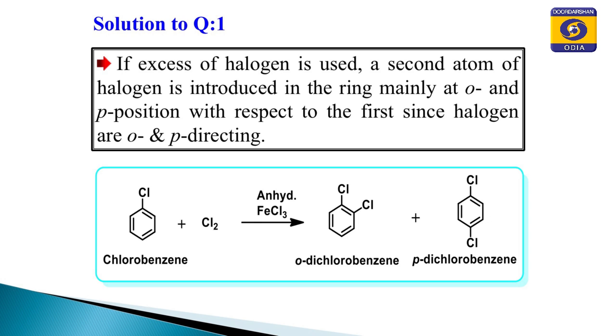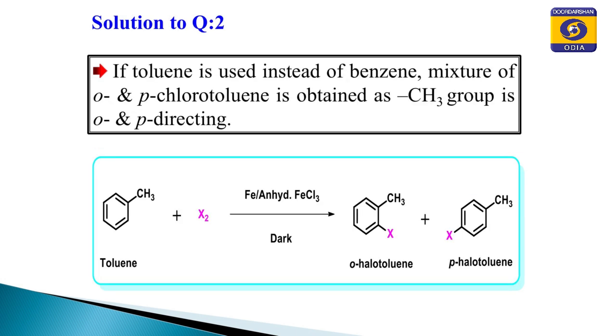So, that is why the electrophile, the second atom of chlorine, will approach the ortho or para position with respect to the first chlorine atom already present in chlorobenzene. So, we are getting the mixture of orthochlorobenzene and parachlorobenzene.